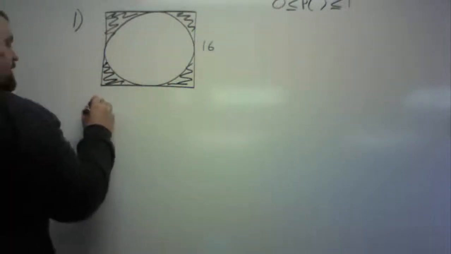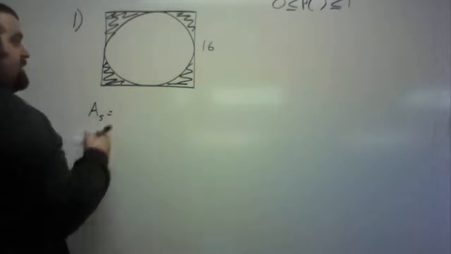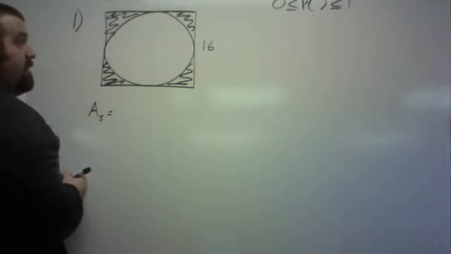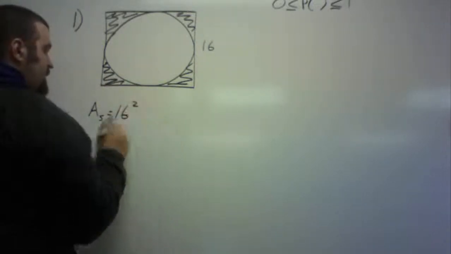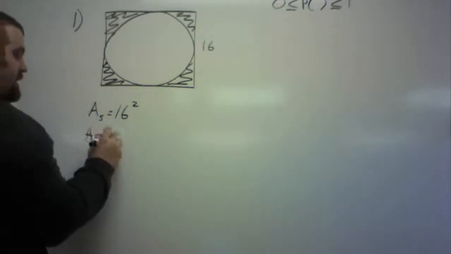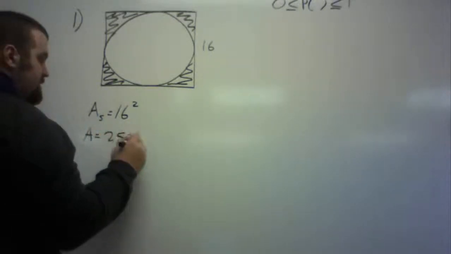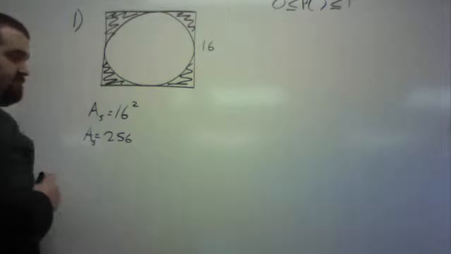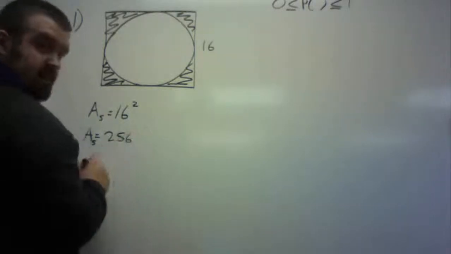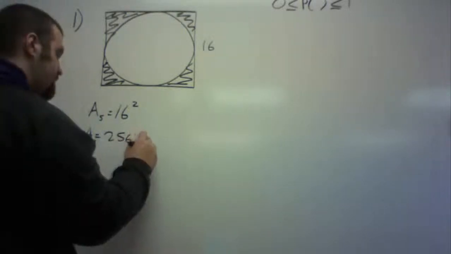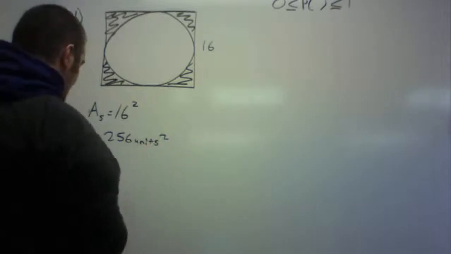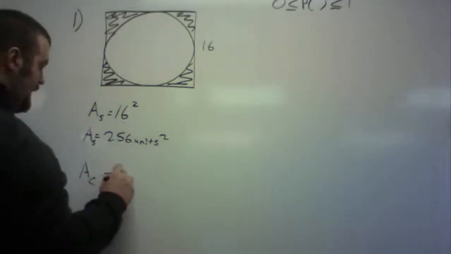So the area of the square is going to equal the side squared. So 16 squared. So the area is 256 units squared for the square. Now the area for the circle is pi r squared.